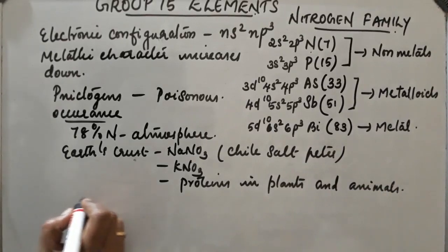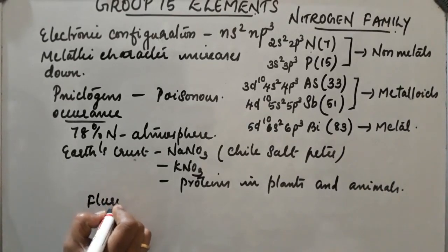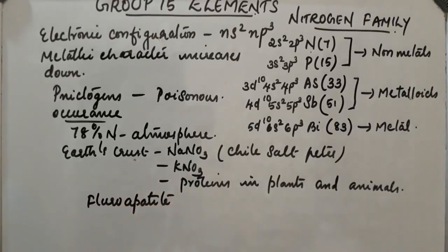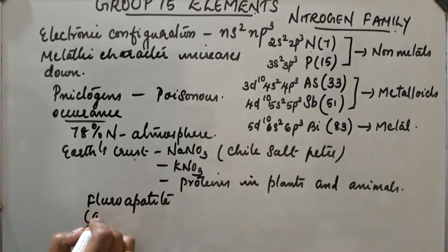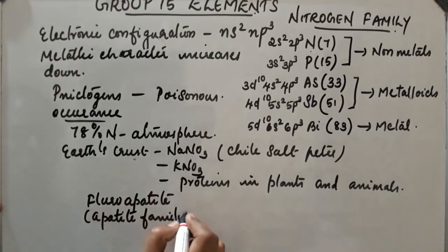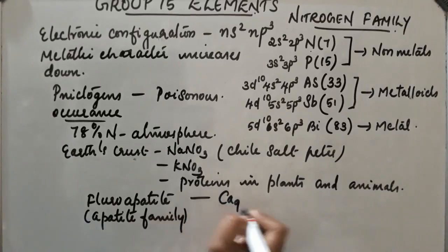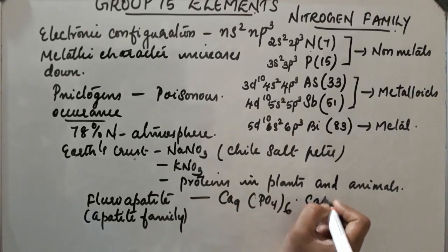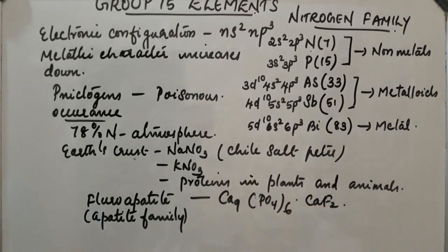Phosphorus is present as fluoroapatite, which is in the apatite family. The formula of fluoroapatite is Ca9(PO4)6·CaF2.